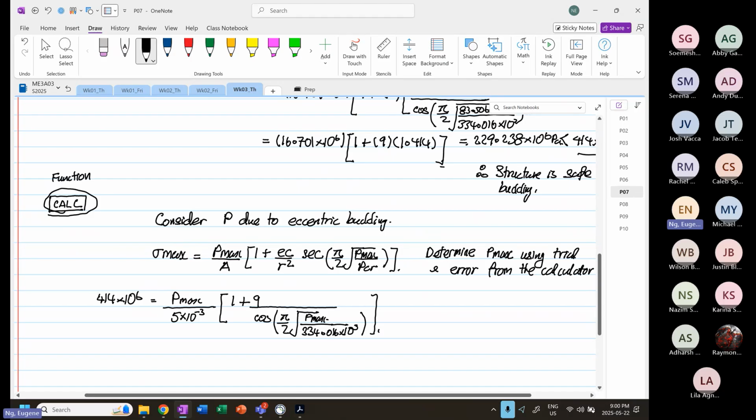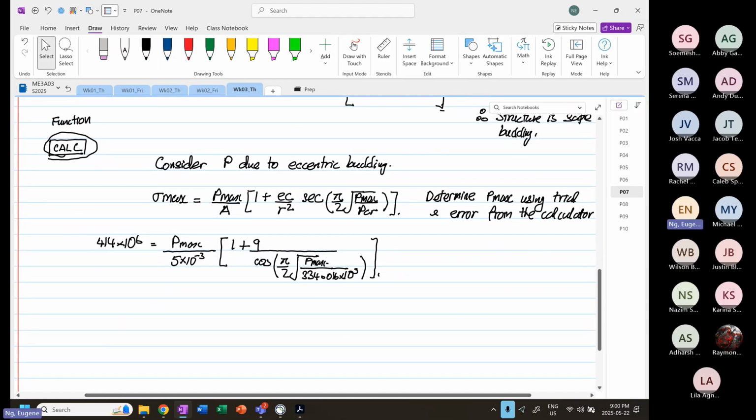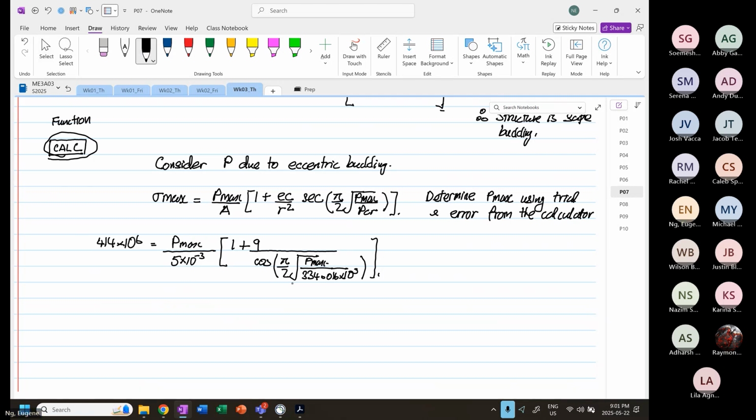And then what we do, we will now simplify the denominator, right? So we have 414 times 10 to the power 6. This is equal to 1 divided by 5 times 10 to the power minus 3, which is equal to 200 P max.